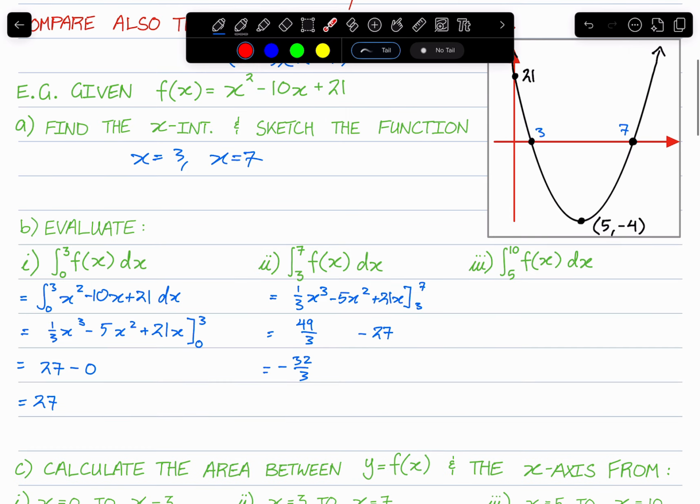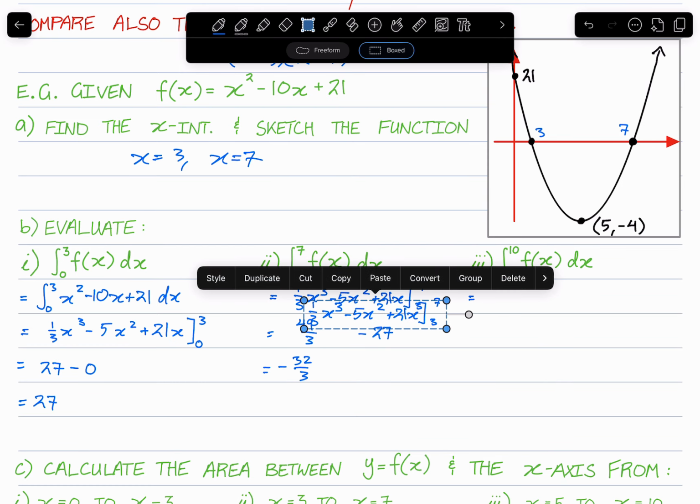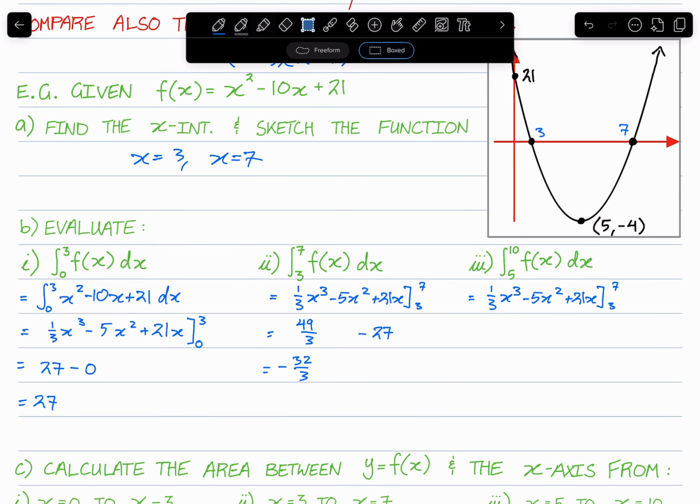And lastly, we're going to go from 5 till 10. Once again, I can use my iPad's feature to just copy paste this. So we know it's going to be integrating, but this time from 5 till 10.